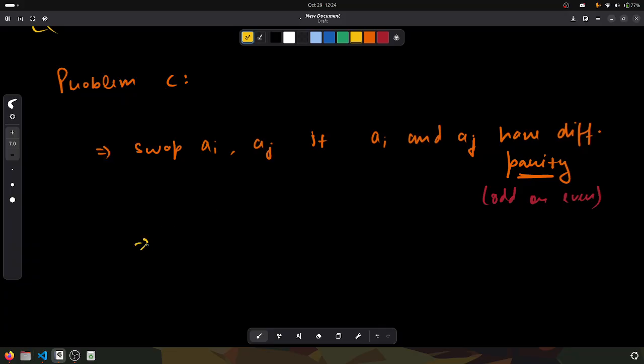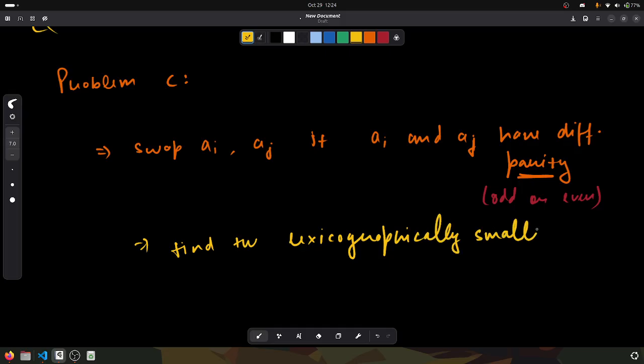And we need to find the lexicographically smallest array possible after the operations.